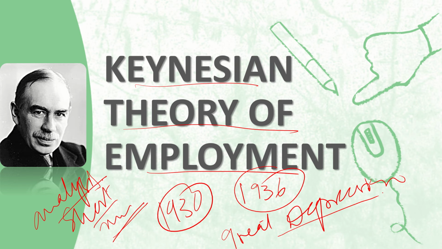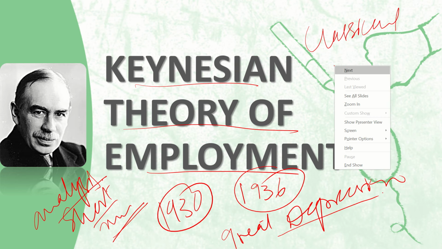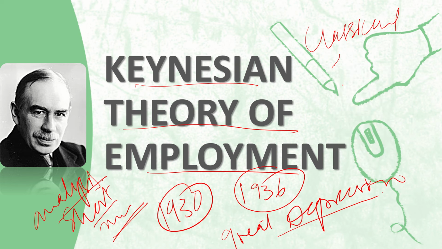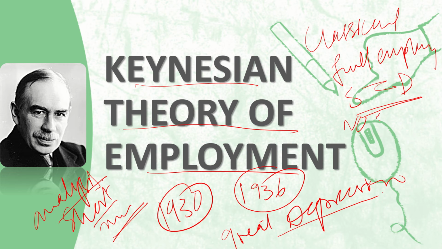If you go to the classical theory, the classical economists believed that there is full employment in the economy. There is no unemployment, and supply is equal to demand. Supply creates its own demand. There is no overproduction and no unemployment in the economy.